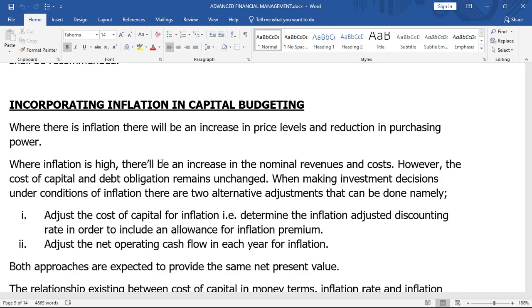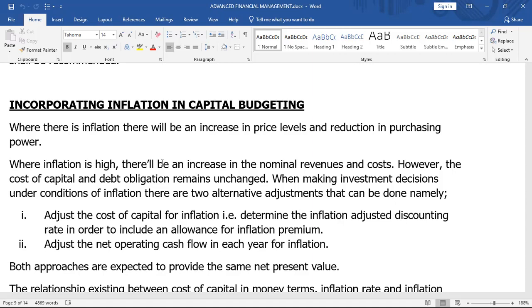And when you're discussing this inflation, when you look at this aspect of inflation, its meaning in economics, inflation basically talks about the rising of the price of commodities.